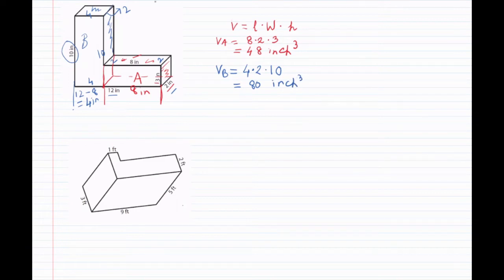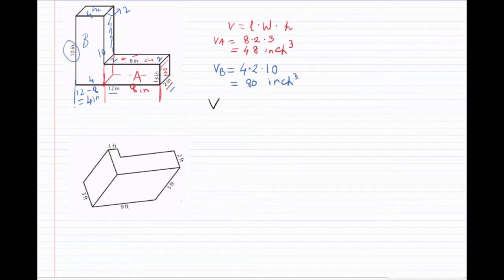Now for this total L-shaped geometric figure, the volume is going to be the addition of these two separate volumes. Now the total volume of this L-shaped figure is going to be volume of prism A plus volume of prism B. That is equals to volume of prism A, which means 48 inch cube.